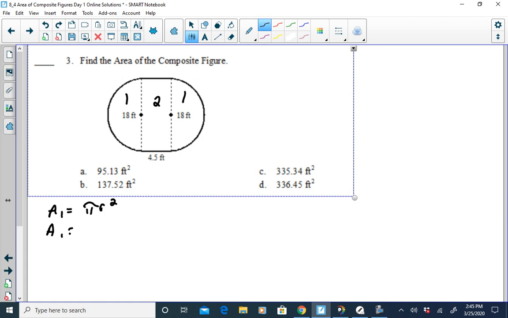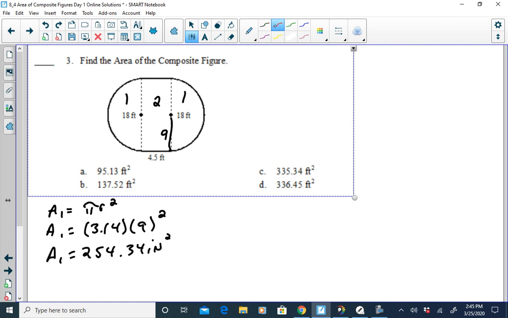So area 1 is going to be equal to, let's use 3.14 for pi, times the radius. Well, if the diameter is 18, the radius here is going to be 9, so that's going to be times 9 squared. 9 squared is 81 times 3.14, and we wind up with area 1 of 254.34. Those are square inches.